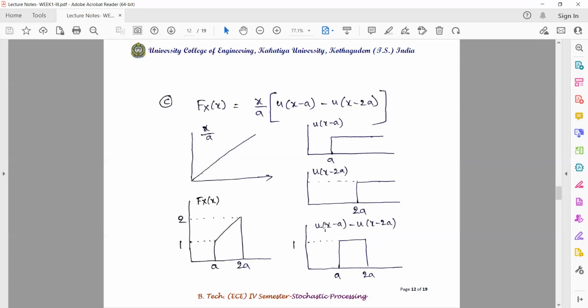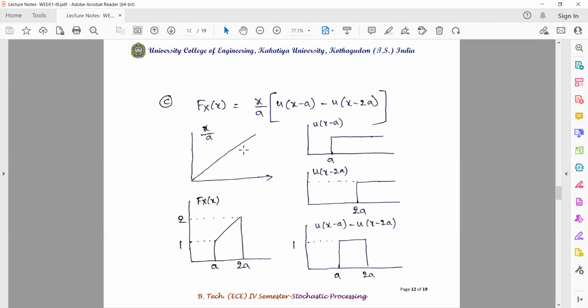So this is u of x minus a minus u of x minus 2a. Now, this should be multiplied with x by a. If I take the x-axis with 1 by a slope, it is an increasing ramp function with a positive slope 1 by a.